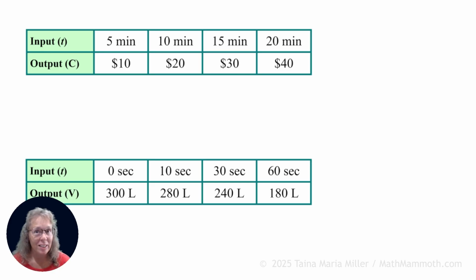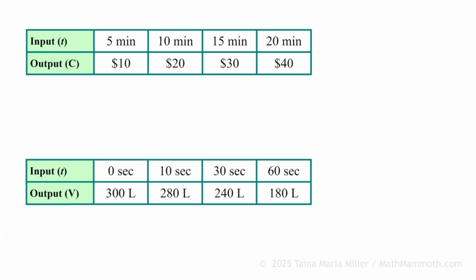And they are both linear functions. Input t is time and output is money values. Okay, so we will take the ratio of the change in the output values versus the change in the input values. The output values from here to here, they change by $10. Well, each time they do.